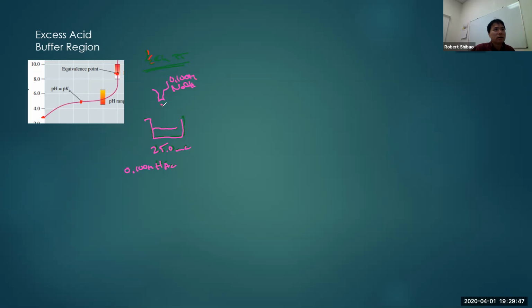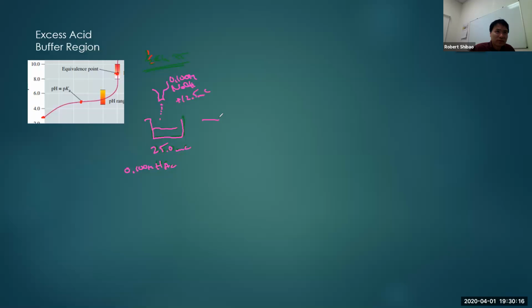And if I want to neutralize half of this here, then the concentrations are equal, 0.100, 0.100. So to neutralize all of it, I need to add 25 milliliters of sodium hydroxide, this concentration. But I'm only going to neutralize half of it. And so at this point, I'm going to say plus 12.5 milliliters of this sodium hydroxide titrant.